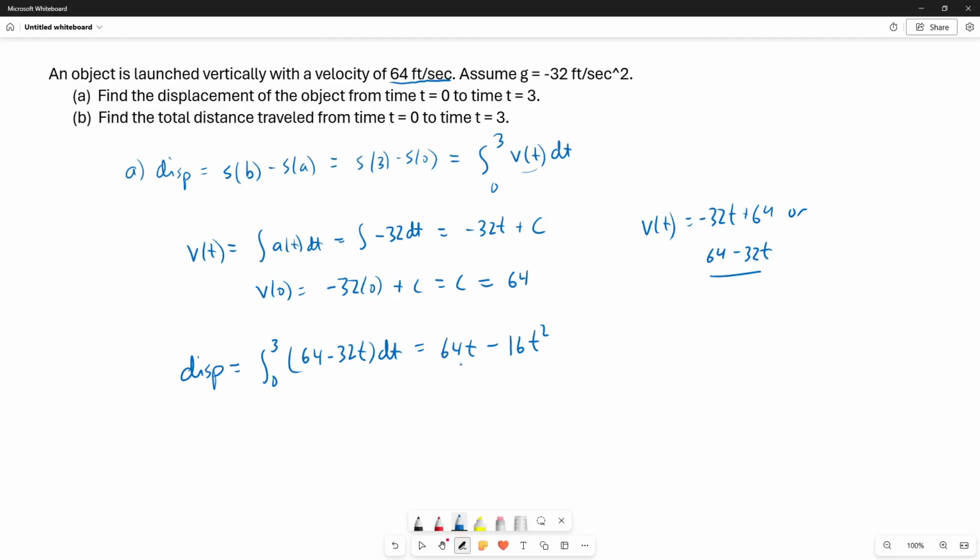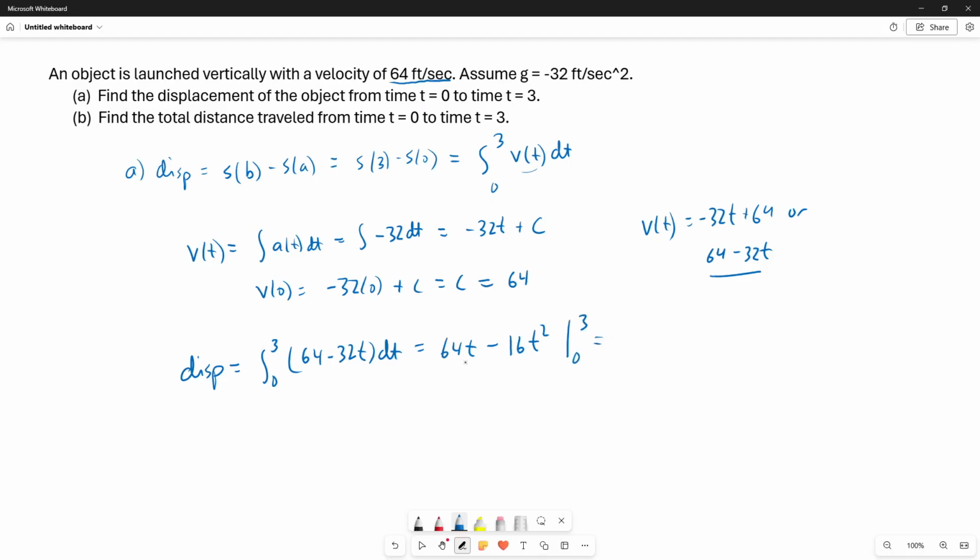And it's probably a good idea to take a second and check your antidifferentiation, because this is an easy derivative to compute. Computing the derivative does give the integrand, and so this is correct. And then we have to plug in the numbers.